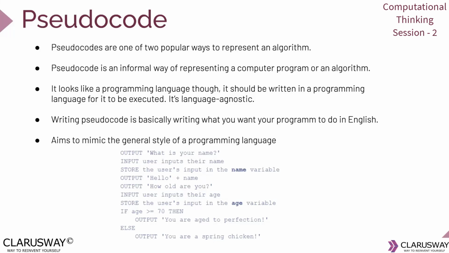But other than that, its look has to be like a programming language too. Its format has to look like a programming language, so that later on you won't have any problems when you're trying to convert it into an actual programming language, because otherwise it wouldn't have any meaning. And yeah, we have an example of pseudocode in here.